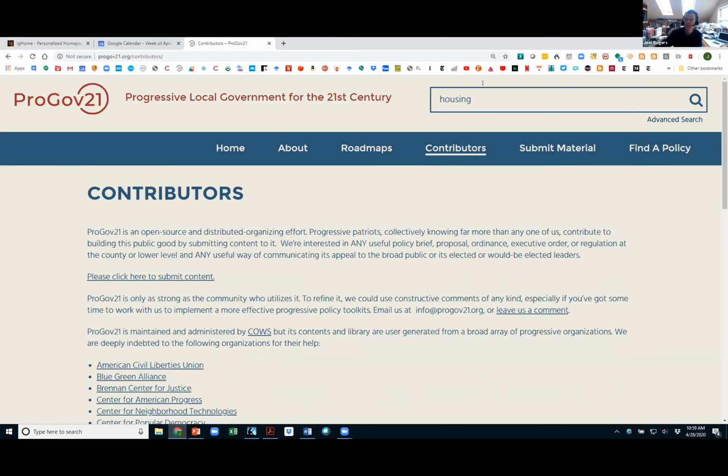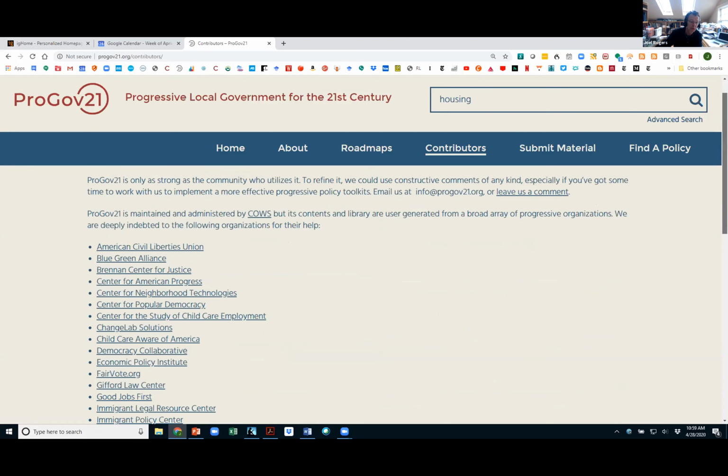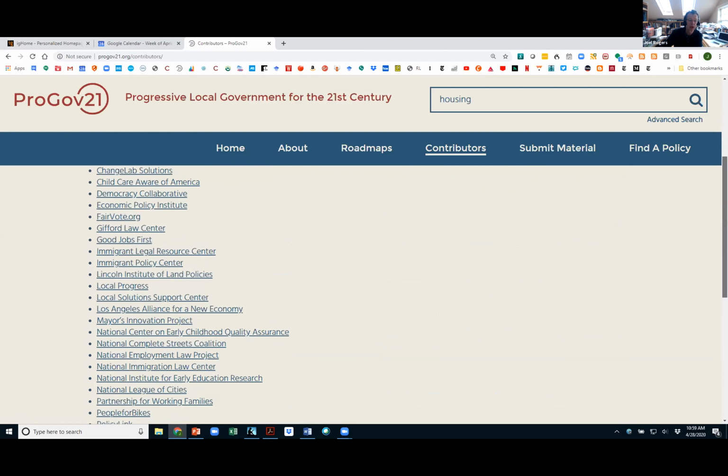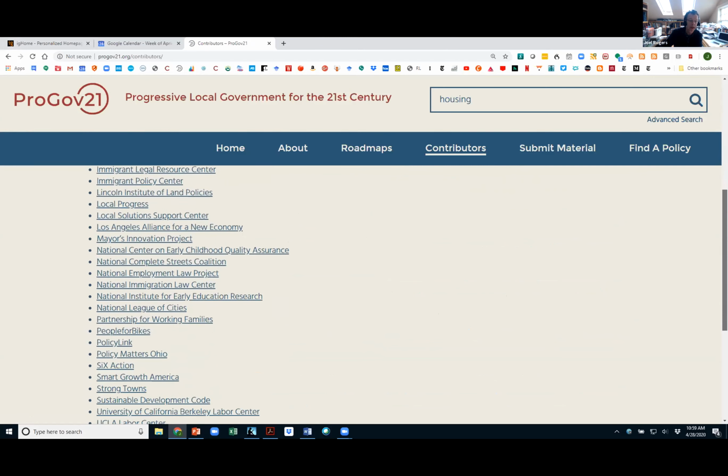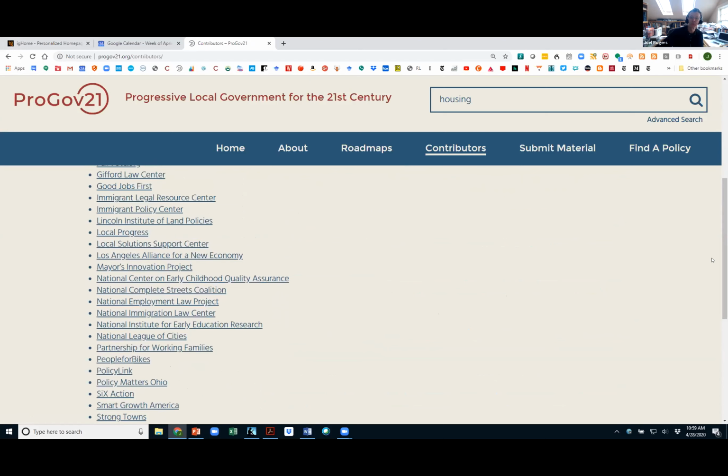But here is some of the people that we're getting stuff from: the ACLU, Blue Green Alliance, Brennan Center, Center for American Progress, and many more. And we attribute all the stuff that we've gotten from those people to them, and you'll see that in the things. Okay, so let's look at, say, the home where we were before.